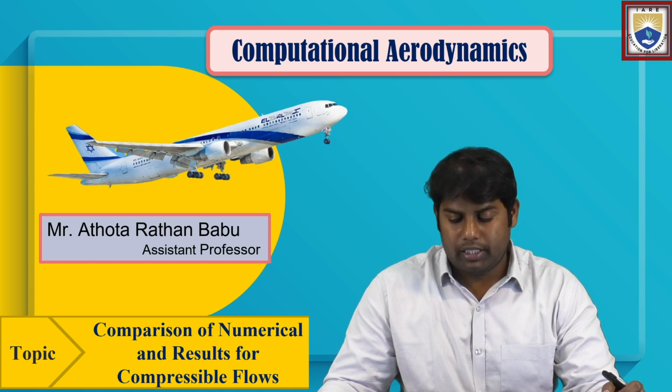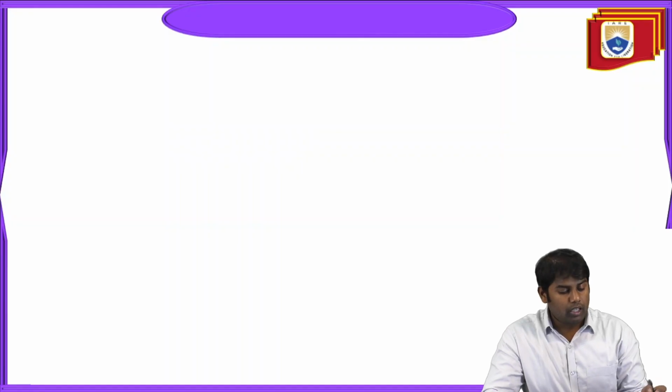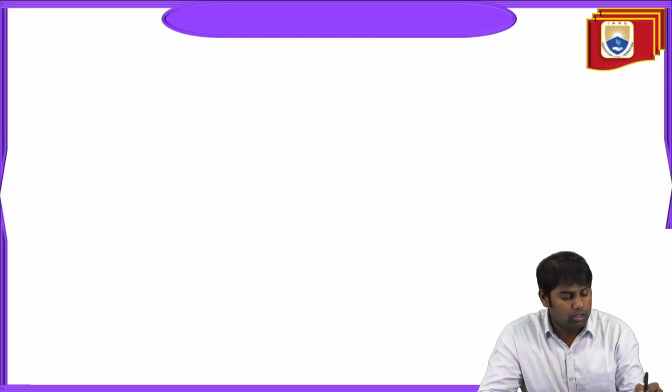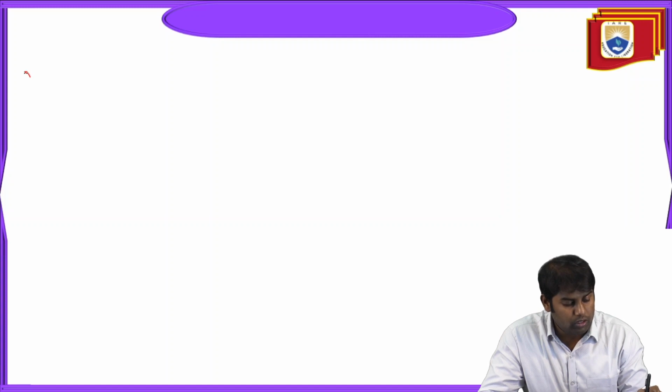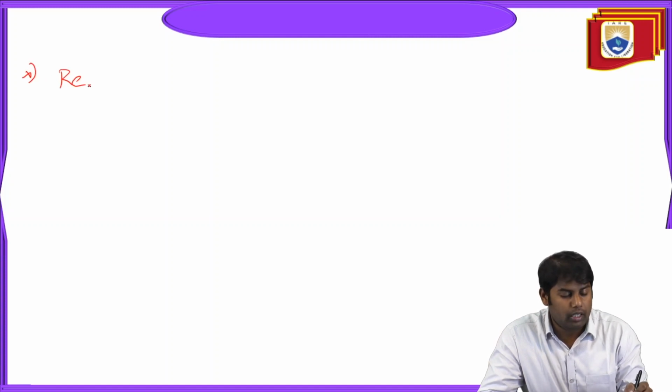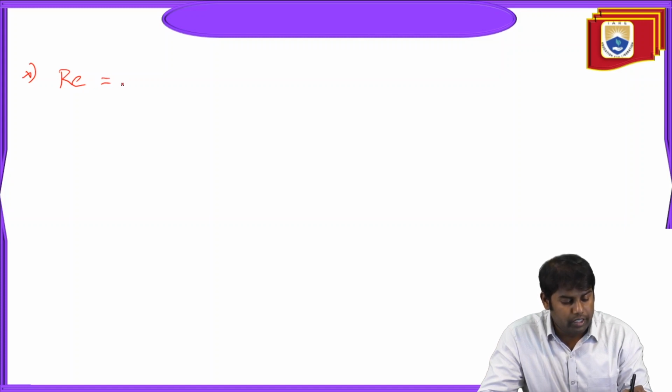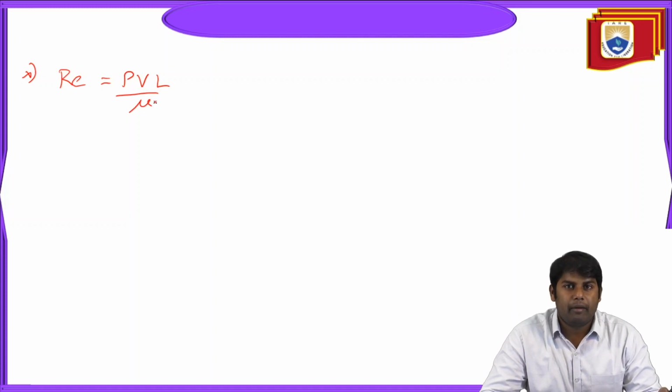In the previous session we saw low speed flows, or incompressible flows. For incompressible flows, we saw the Reynolds number as the key factor, which is rho v L by mu. The Reynolds number is a key parameter used for comparing the experimental and numerical results for incompressible flows.